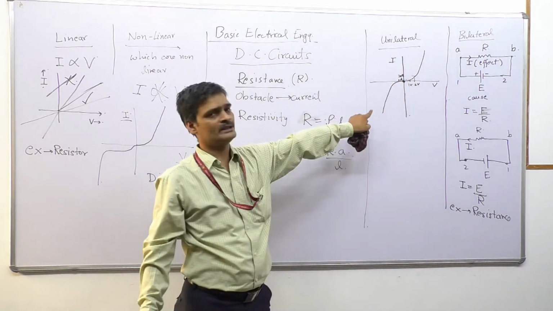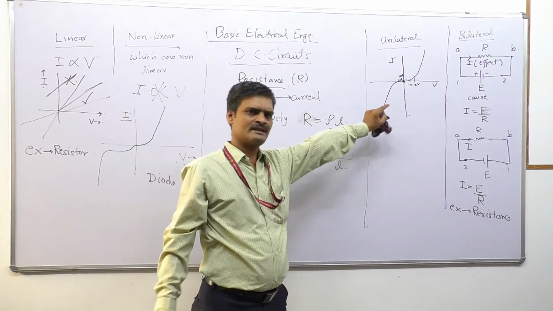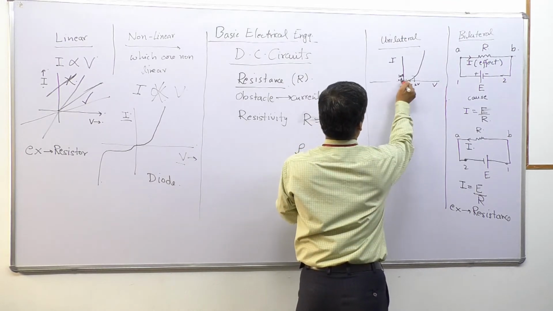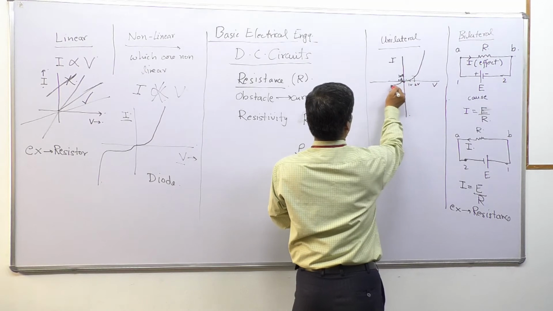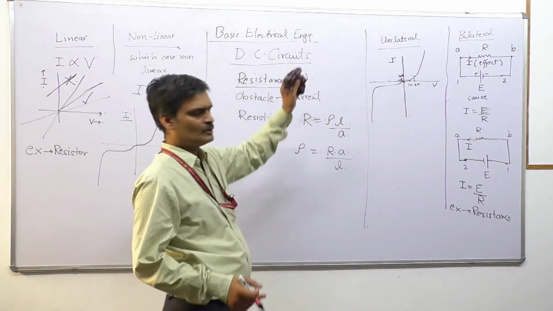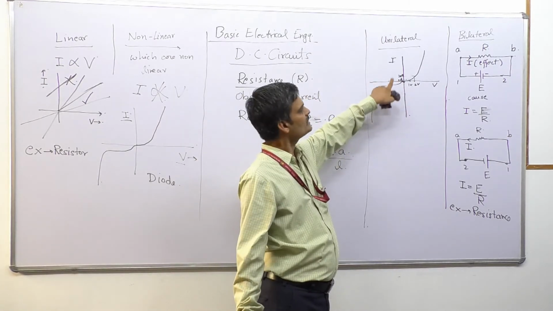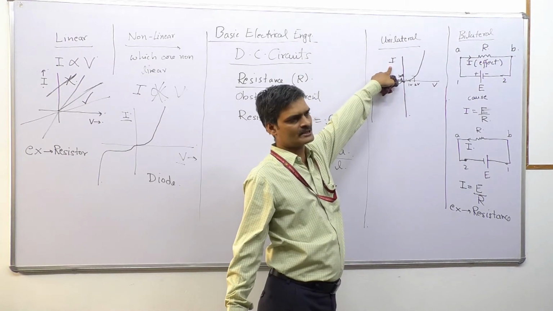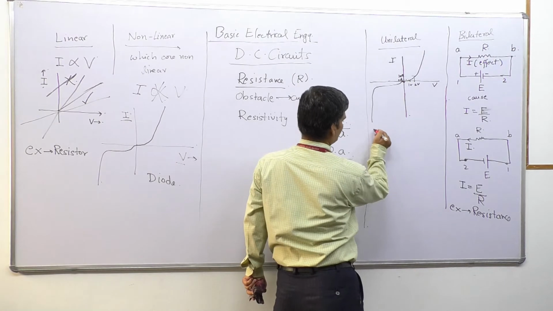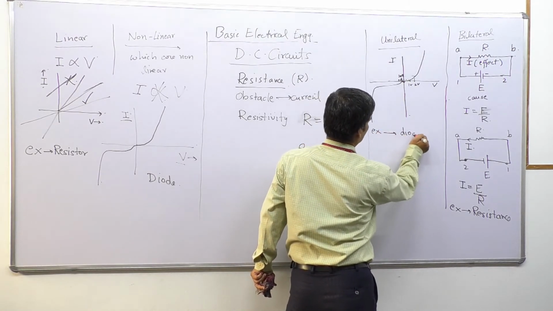If this were the characteristic of a diode, then the diode would have been a bilateral element, but this is not so. A diode actually has the reverse bias characteristic in a different shape. Such elements, in which on reversing the direction of cause the magnitude of effect is changed, are said to be unilateral. So another example of a unilateral element is a diode.